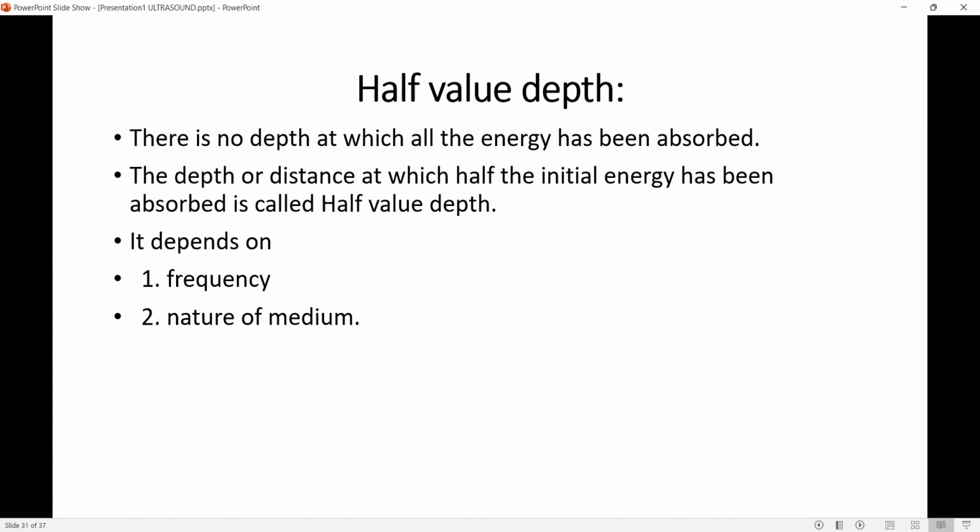Half value depth. What is that? There is no depth at which all the energy has been absorbed. The depth or distance at which half of the initial energy has been absorbed is called the half value depth. It depends on frequency and the nature of the medium.